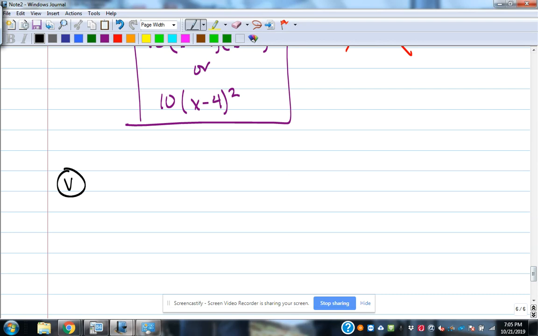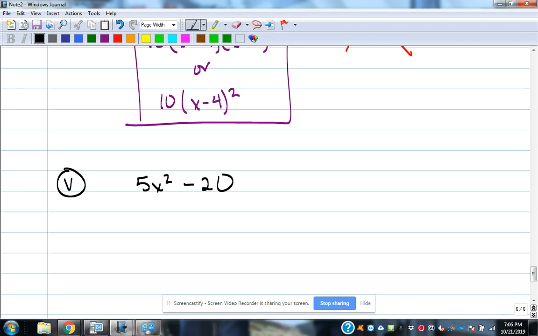Let's see. Five x squared minus 20. Descending order? Yes.